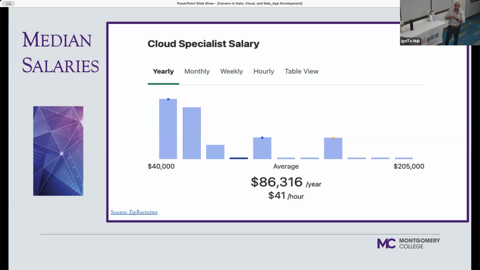Now, as you can see, there's a ton of people in the $40,000 range. I don't think that happens in this area, but these are basically system administrators who maybe also manage Office 365 for a very small company. I don't think anybody in this area makes $40,000 doing that. I would not do that for less than probably 60 at least. But anyhow, let's go to the next slide.